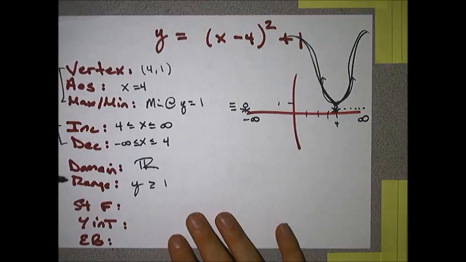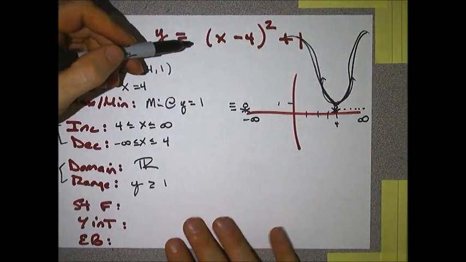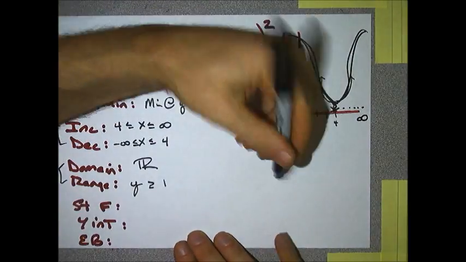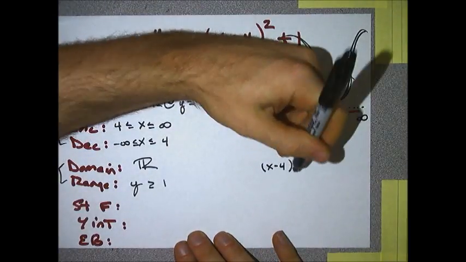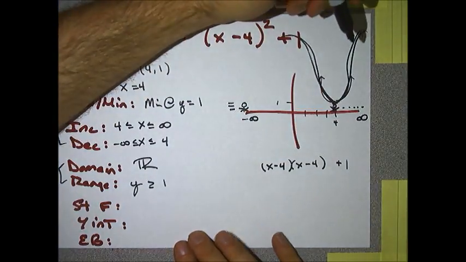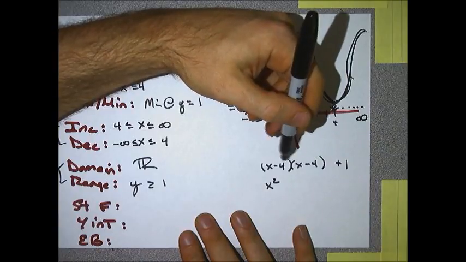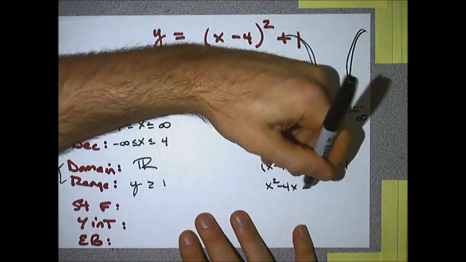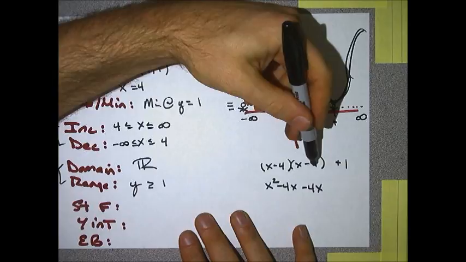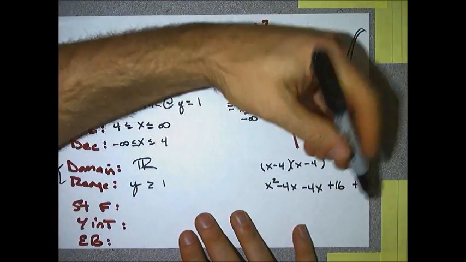Standard form means to take this up here, which is called the vertex form, and we want to multiply it out. So I have (x minus 4)(x minus 4) and a plus 1 on the back. So this is x squared. The outer is minus 4x, and the inner is minus 4x. Last times last is a positive 16. Slide the 1 down.